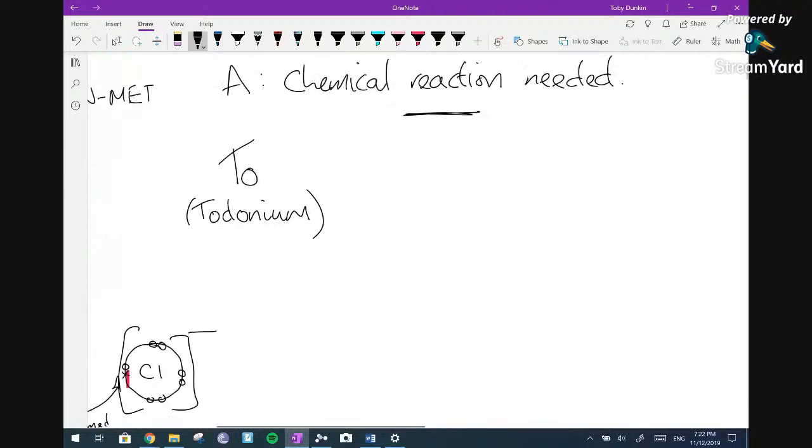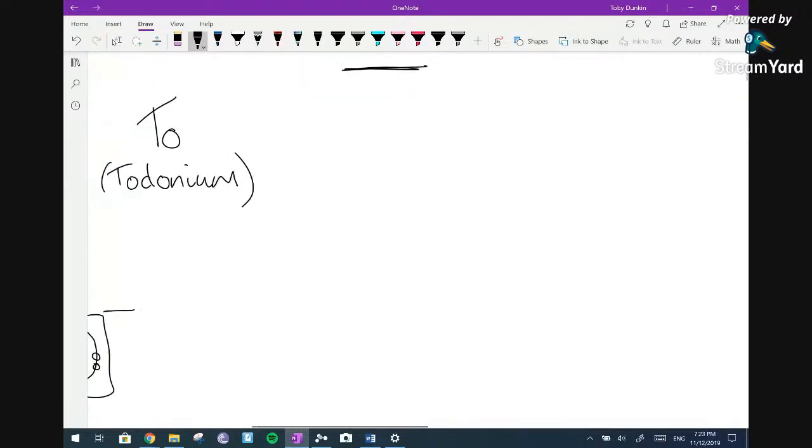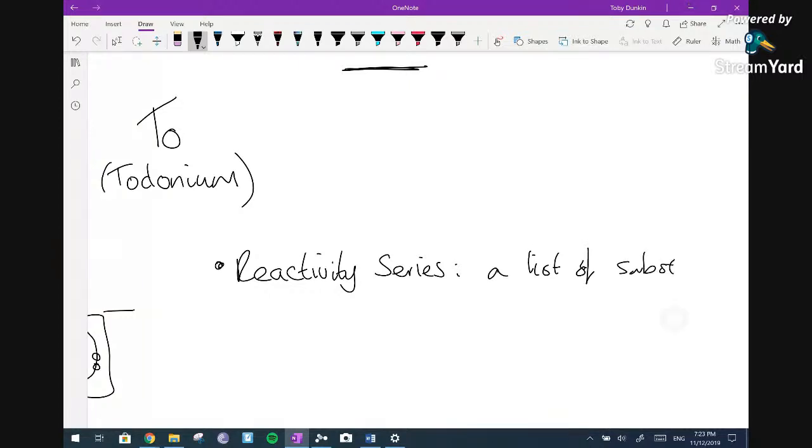So let's just quickly do that. The reactivity series is a list of substances in order, notice my capitalization, in order of reactivity. Seems reasonable.